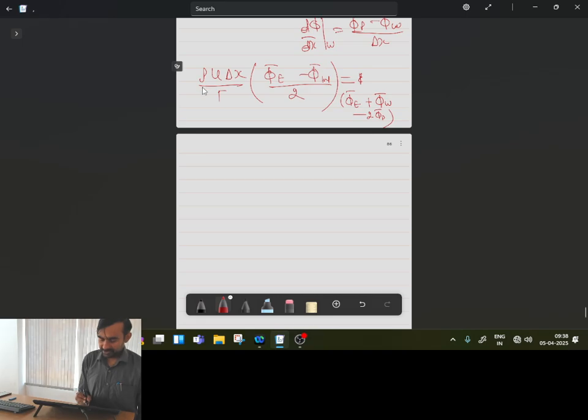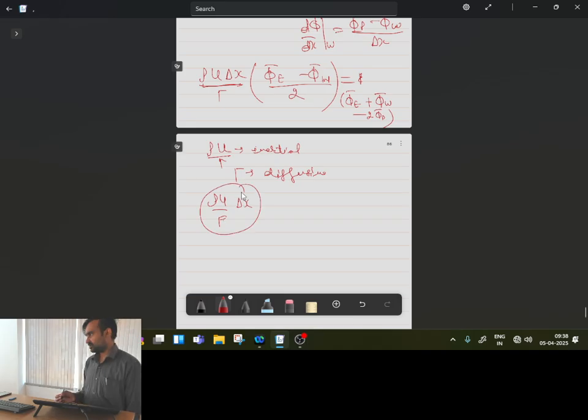Okay, now what is rho u delta x by gamma? Rho u is something which represents the inertial component or advective component, and gamma is something which represents the diffusive component. Okay, so the ratio of rho u by gamma multiplied by delta x becomes a dimensionless quantity, and we can call this as a Peclet number.